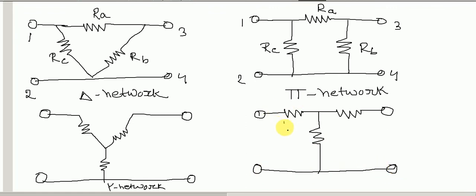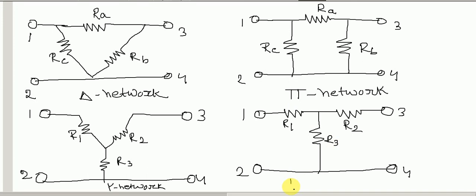Let us first name these points 1, 2, 3, 4. So this is RA, RB, RC, and now here R1. Let us name clockwise as well: R1, R2, and R3. I hope up to this it is clear to you. This is a T type network. I hope everything is clear to you.